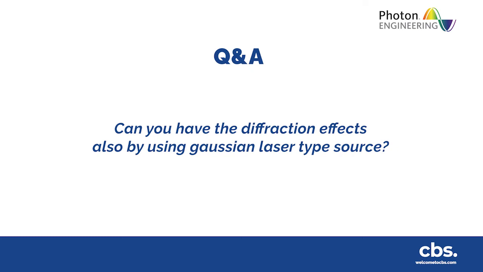Another question, can you have diffraction effects also by using the Gaussian laser type source? Yes. Really, any of the coherent source types. I just used a plane wave in these examples with the assumption that it's a top hat or a plane, infinite plane wave coming through the aperture.